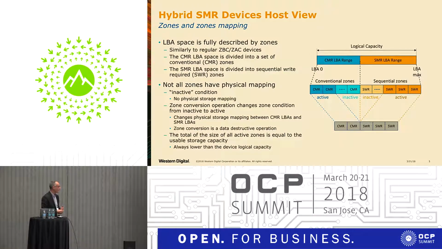As you can see, by changing the state of zones between inactive and active, you can move the provisioning, the physical storage provided by the disk, either fully toward the CMR LBA space or the SMR LBA space, or any combination of the two. This is the principle used in those hybrid SMR drives to switch between a high IOPS, randomly writable, fully compatible, regular type of use of the drive, and a higher capacity SMR drive.